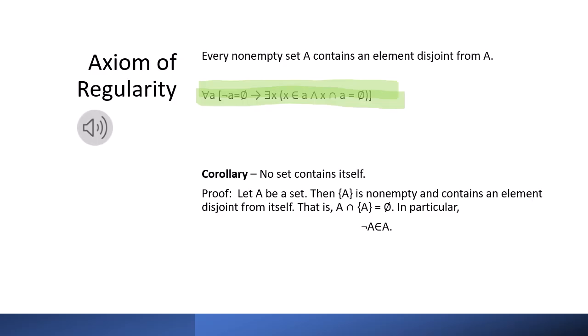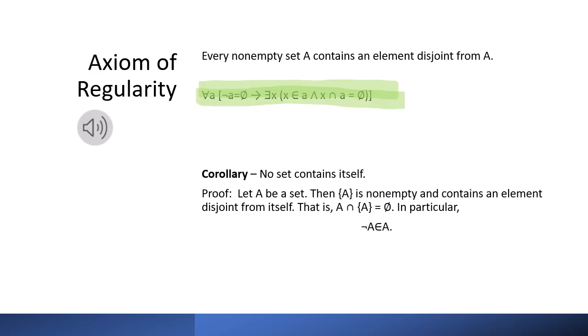Now, there are a whole lot of interesting consequences of the axiom of regularity, but the corollary that we'll need to show that Russell's paradox can be avoided is the one that you're seeing here below that green highlighted sentence. And it's the result that no set contains itself.